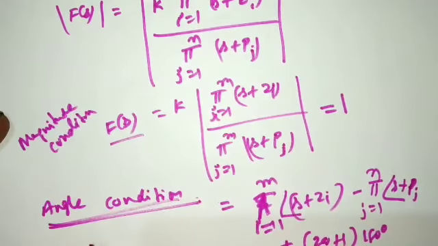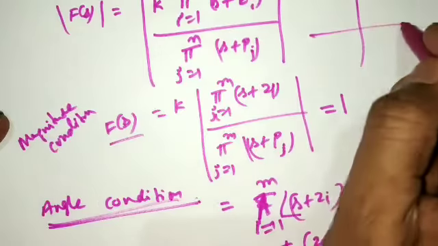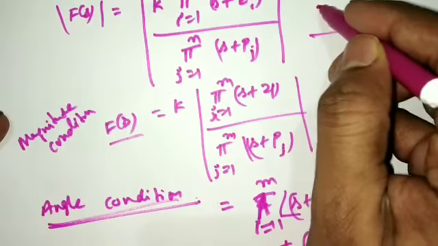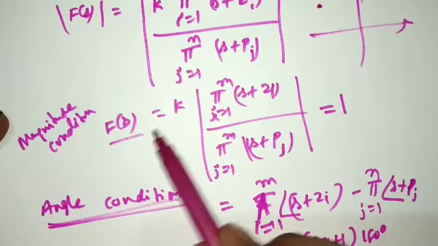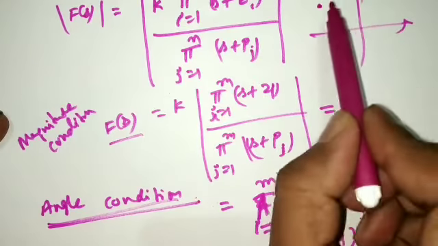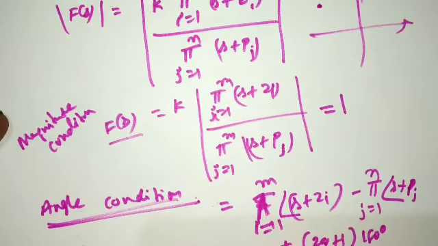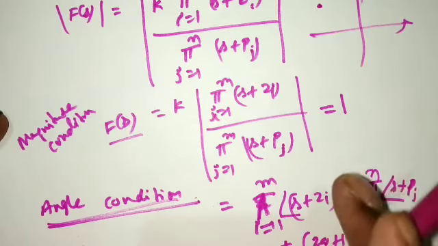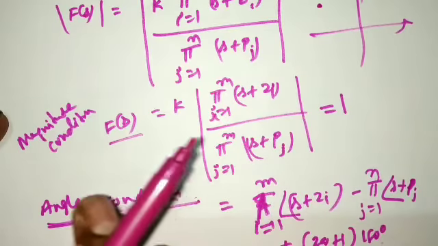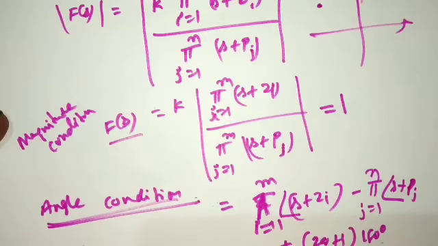So if a point on the s plane satisfies the magnitude condition, that is the magnitude equal to 1, and the angle condition, an odd multiple of 180, then any point which satisfies these conditions is on the root locus.